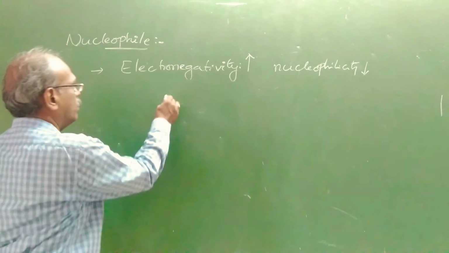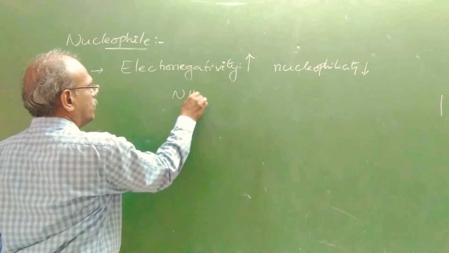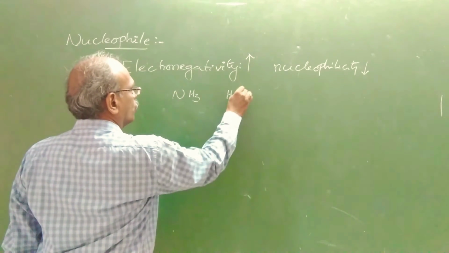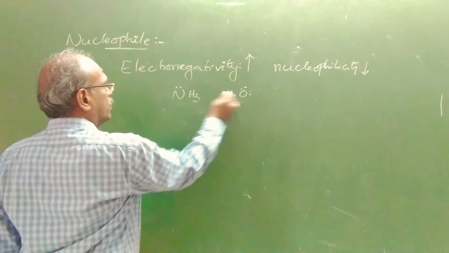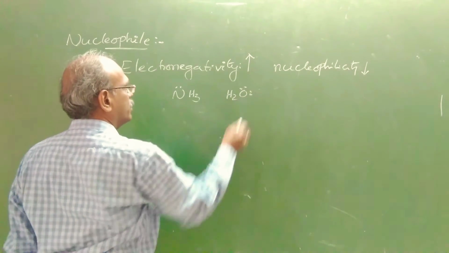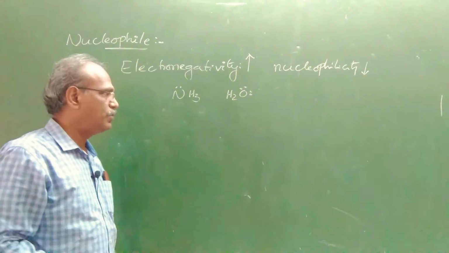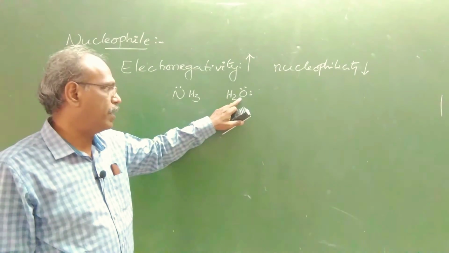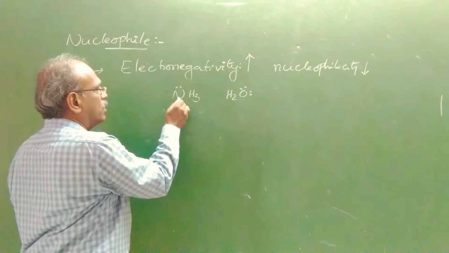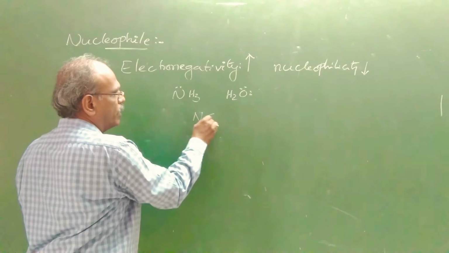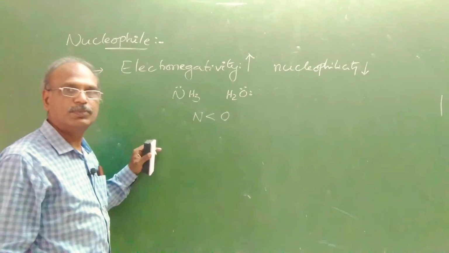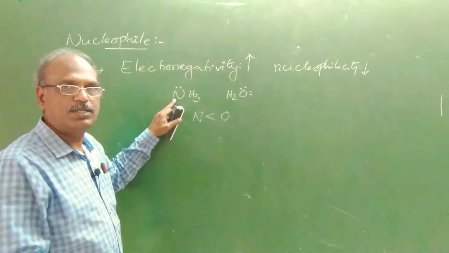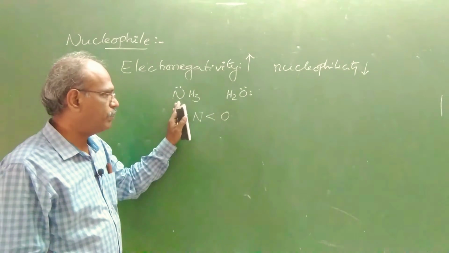For example, NH3 and H2O. See, remember that it doesn't depend on the number. You have to look at the tendency to give up electron pair. See, here N is less electronegative than oxygen atom. So it can easily donate an electron pair.